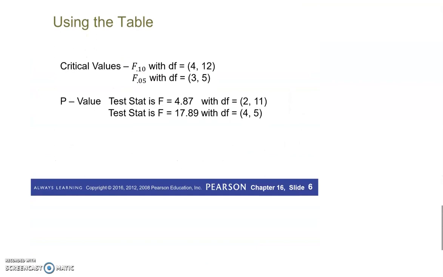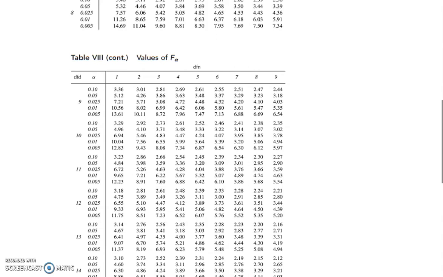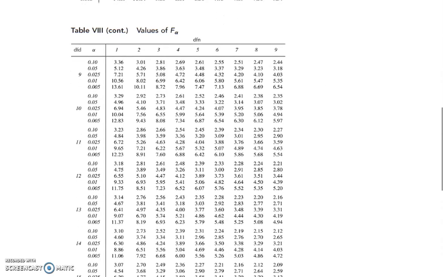First thing I want to do is, if we were doing a problem using a critical value approach, we have to find critical values. So the first critical value I want you to find on your table is F of 0.10 with degrees of freedom 4, 12. So go to your F table. We want 4, 12. It's this box of numbers. You can hit pause at any time to find it on your own first.